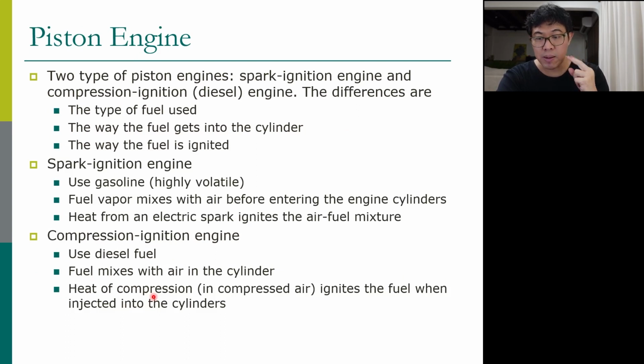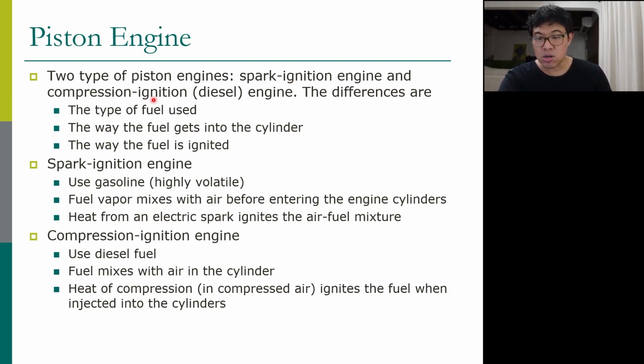There are two types of piston engines. The first one is the spark ignition engine, or SI engine. As the name says, we start the combustion by ignition with a spark.